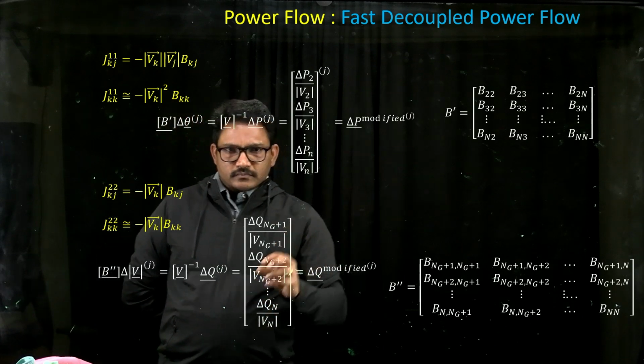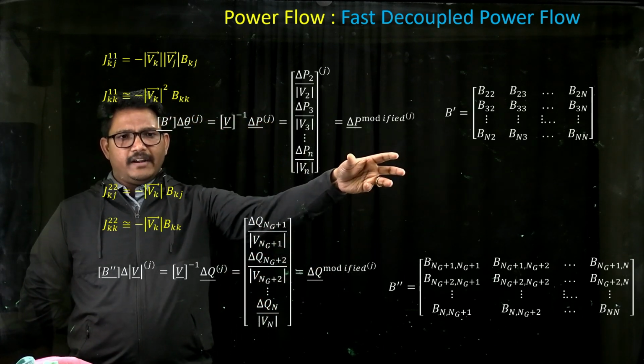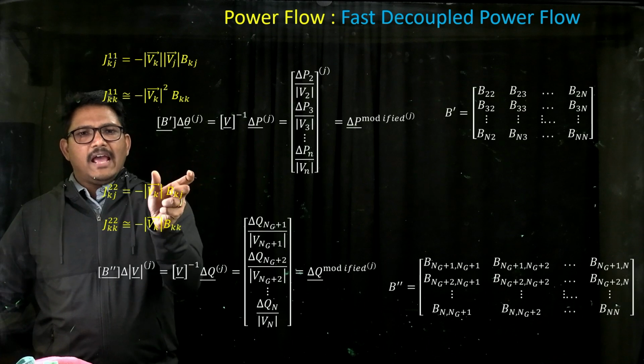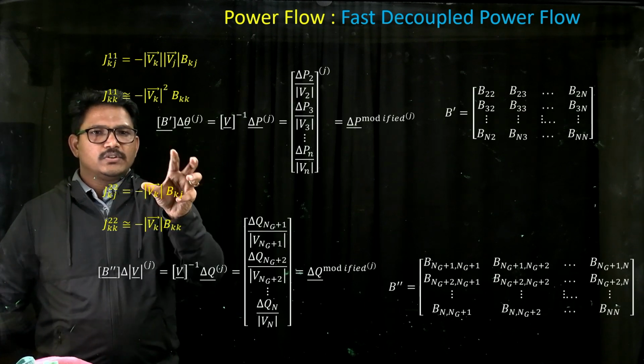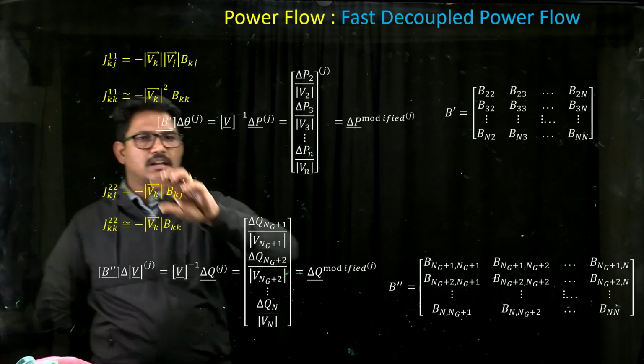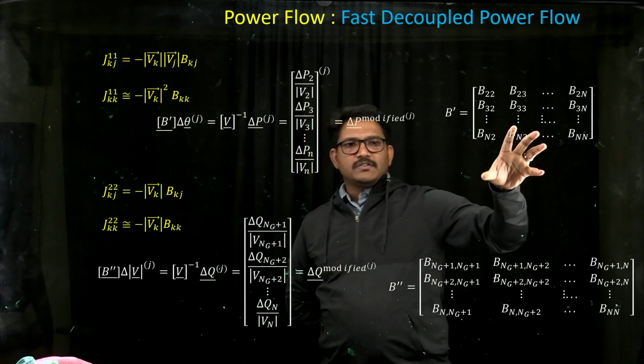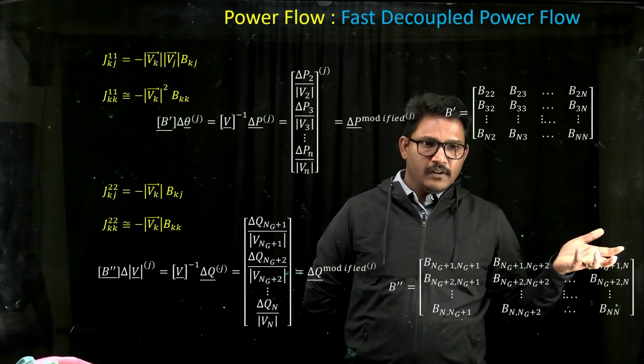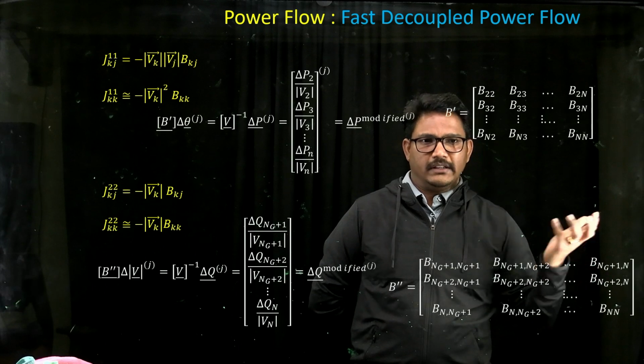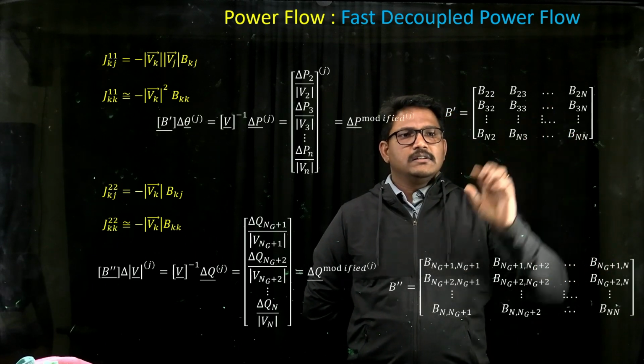Now, this delta P modified is completely related to the angles through B dash. The values of B dash are nothing but the elements of the admittance matrix itself, neglecting the real parts or the resistances, and that is of this size.